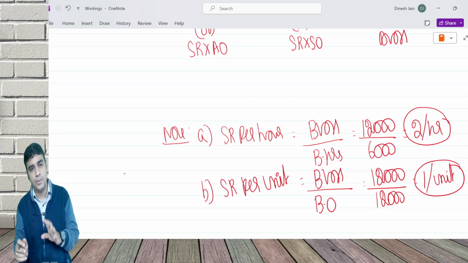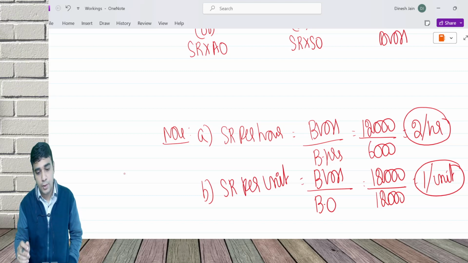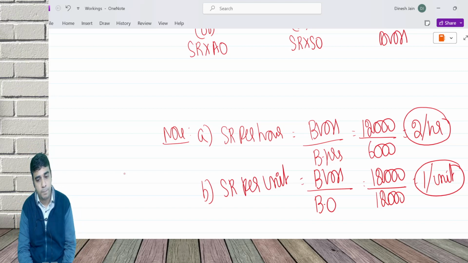That's all. Problem will be almost over once these two are done. 2 per hour and 1 per unit. 2 rupees per hour is the standard rate and 1 rupee per unit is the standard rate.